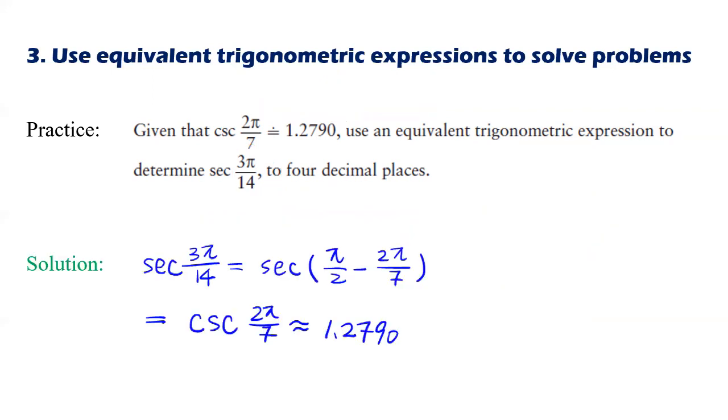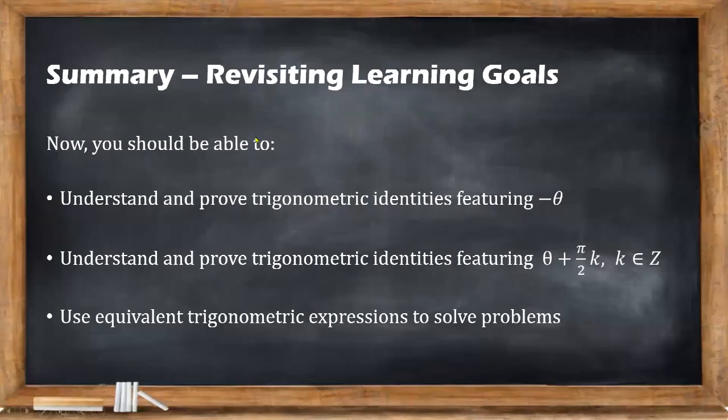No? All right. So let's make a summary of what we have learned today. So after today's lesson, now you should be able to first understand and prove trigonometric identities featuring minus theta, right? For example, sine minus theta equals minus sine theta, right?